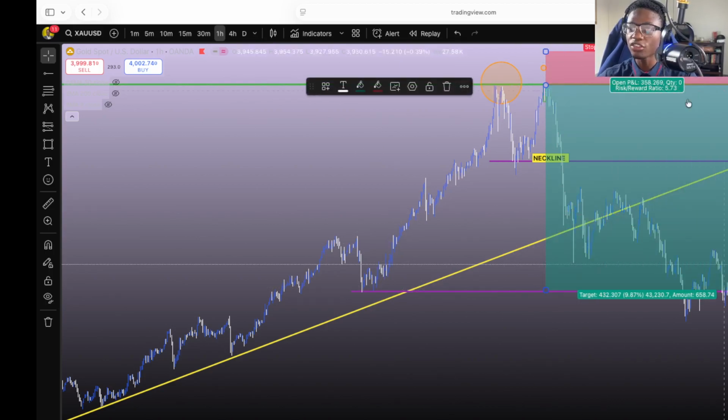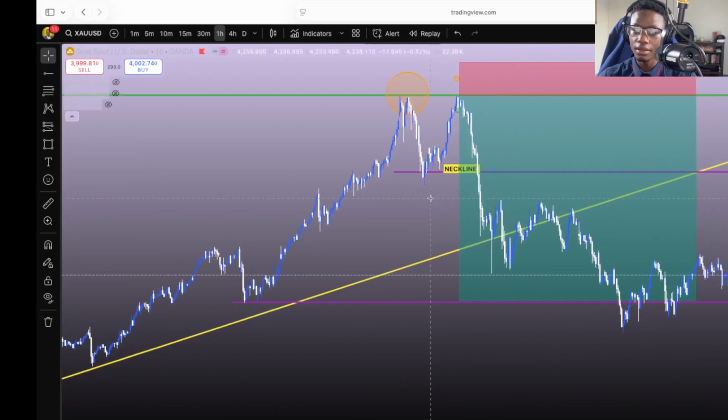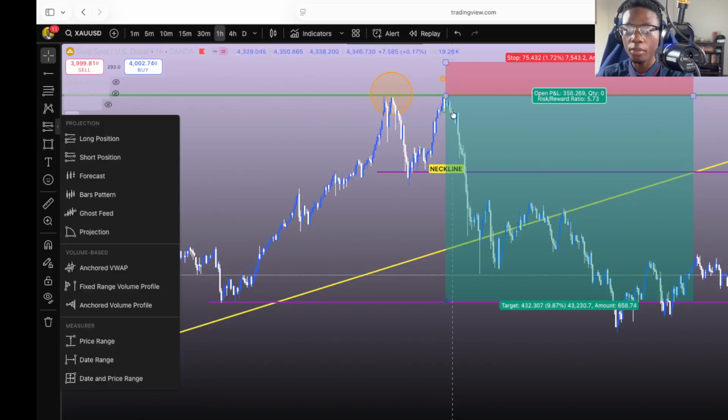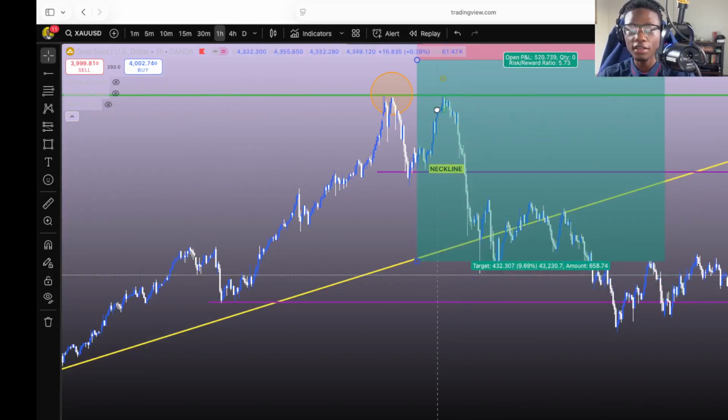That's just one trade, guys. Now I'm going to listen to what the gurus say and take my second trade at the neckline. Do you see all that profit in this area that I would have missed out on if I had not taken that trade there?